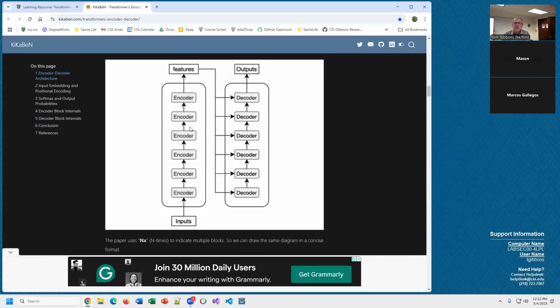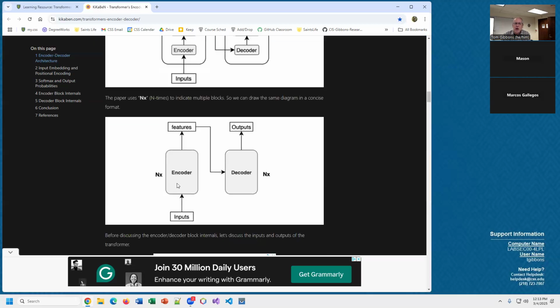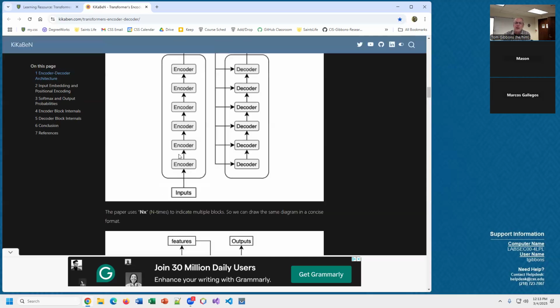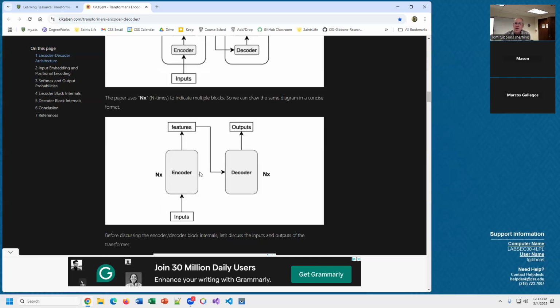Rather than drawing all 6 of these encoders, we'll just put 6 times the encoder, or Nx is what they write. They'll just say that this is duplicated multiple times, and same here. So that's our picture: these encoders and decoders are duplicated multiple times, stacked multiple layers deep.